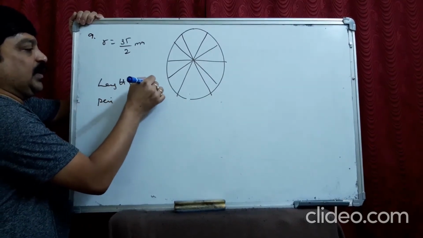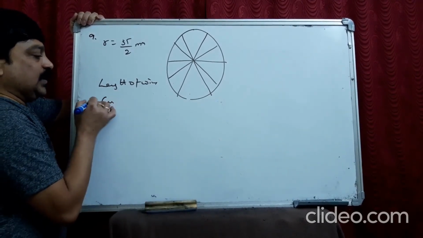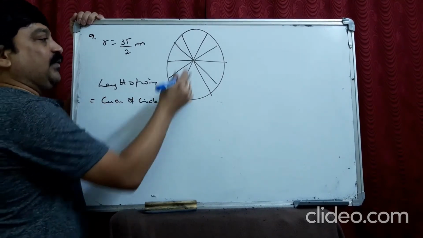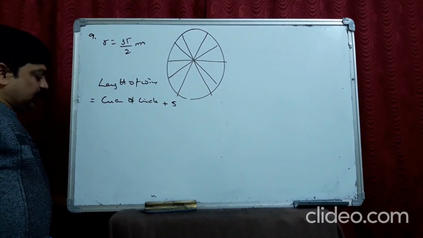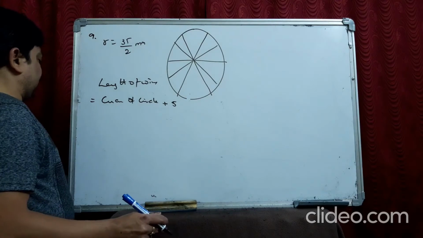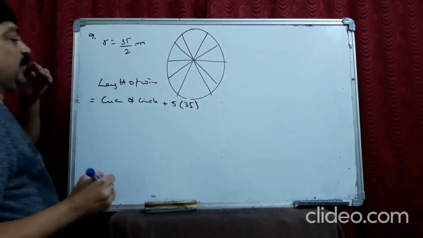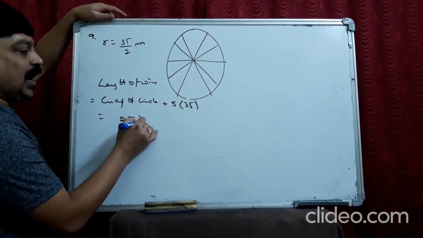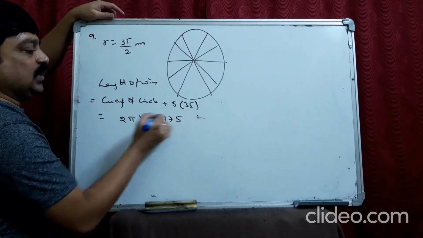Length of wire will be equal to the circumference of a circle plus 5 into the lengths, so the diameters of each, 35 mm. 5 into 35. So what is the circumference of a circle? 2 pi r plus 5 into 35. 5 5s are 25, 5 3s are 15, plus 2, 175.